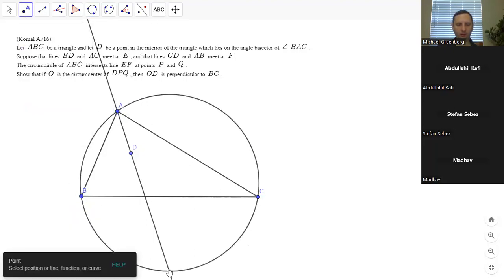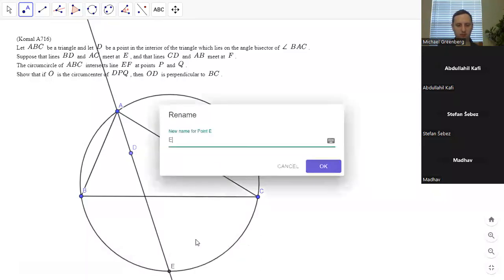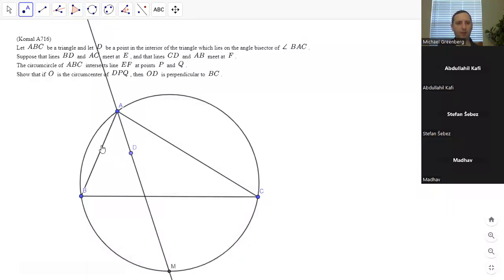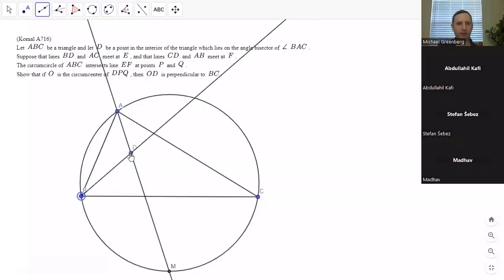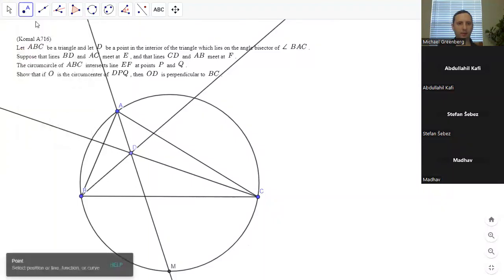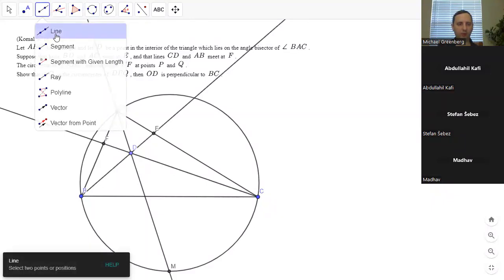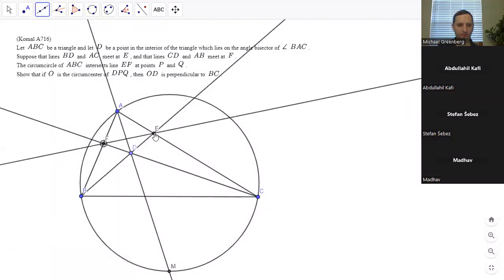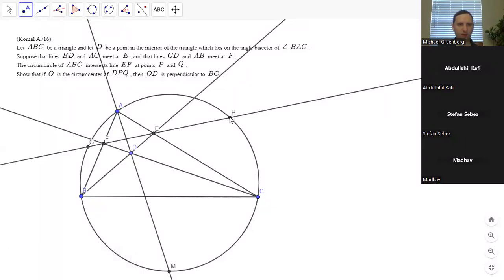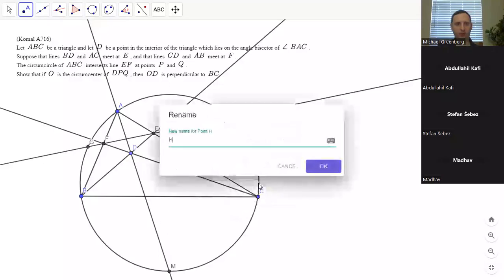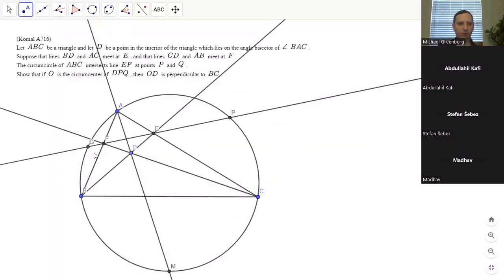We'll call this M. BD and CD, we see where they meet the opposite sides, AC and AB, at E and F. And the circumcircle of ABC meets EF at P and Q. And then we draw the circumcenter of DPQ.